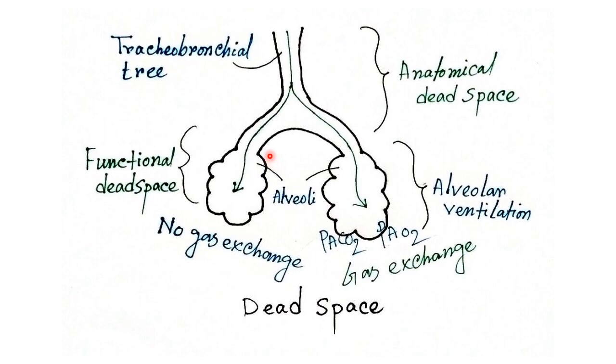And so you have to consider all of this as anatomic plus dead space inside the non-participating alveoli as functional dead space. So all of this is your functional dead space, even the alveolus where there is no gas exchange.